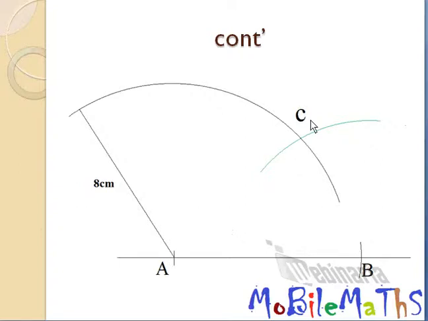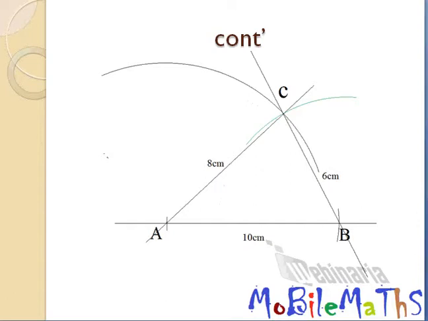This is my 6 centimeters from point B. Now I have points A, B, and C. Now what I can do is join these points using lines and come up with my final triangle ABC. This is the final triangle ABC, where I have AB 10 centimeters, AC 8 centimeters, BC 6 centimeters.